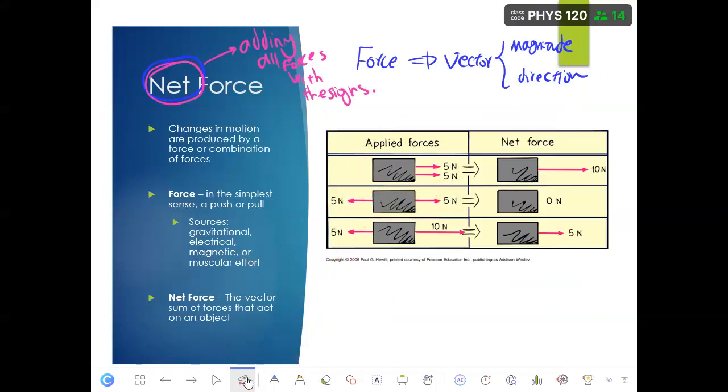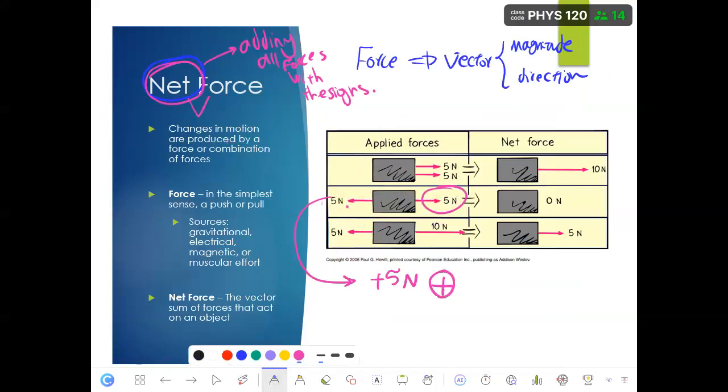The first one is going to be positive 5 N. Again, adding net force means adding, plus what is the other force? Negative 5, you know. 5 plus minus 5 is going to be 5 minus 5. Yes, it's going to be 0 Newton.